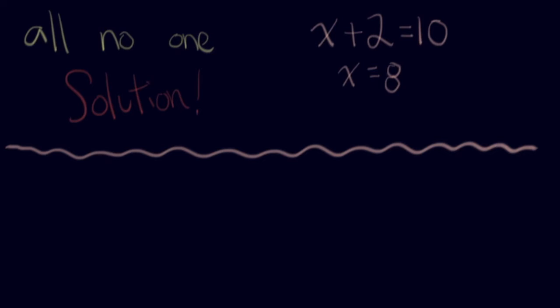So let's take a look at no solution first, shall we? So these questions are all going to have the answer of no solution. This means there is no value for x that could possibly make this true.